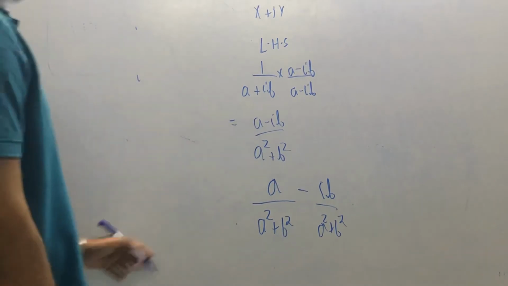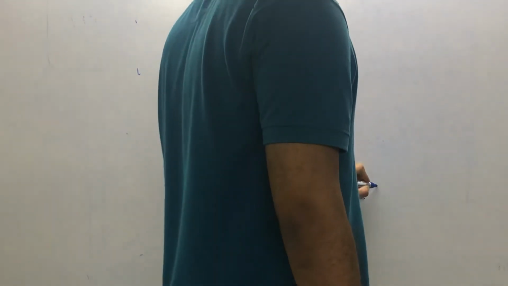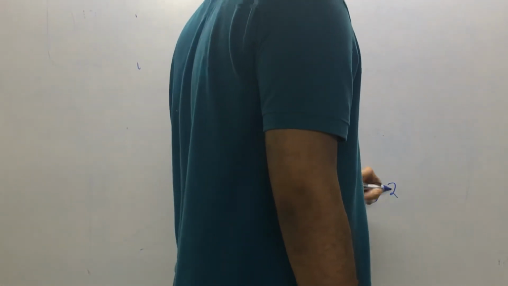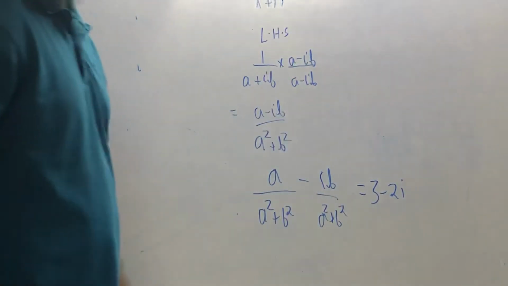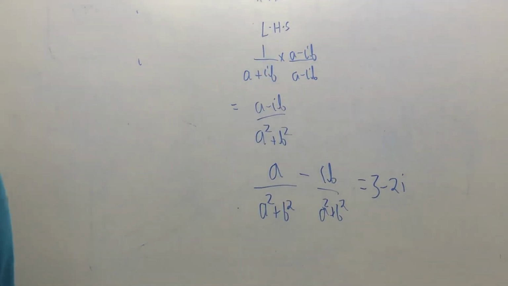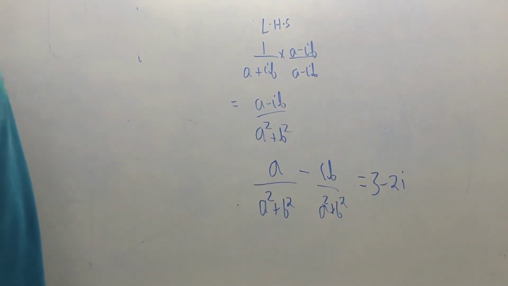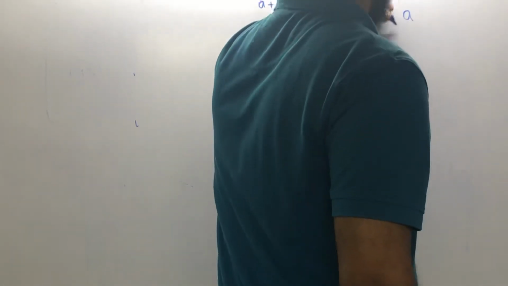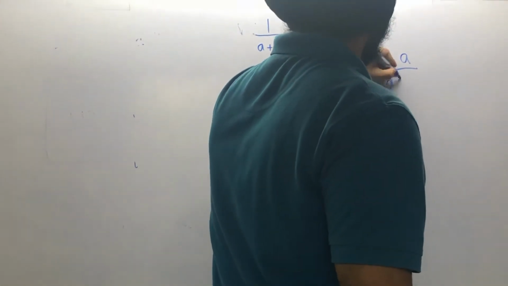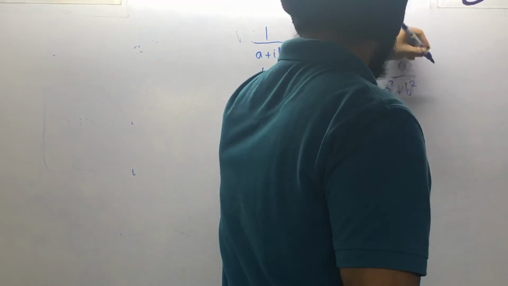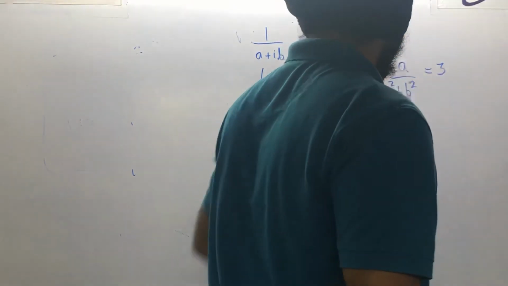Now just equate to the right hand side, that is 3 minus 2 iota. Now we will equate the real and imaginary parts. So real part is a upon a square plus b square is equal to 3.